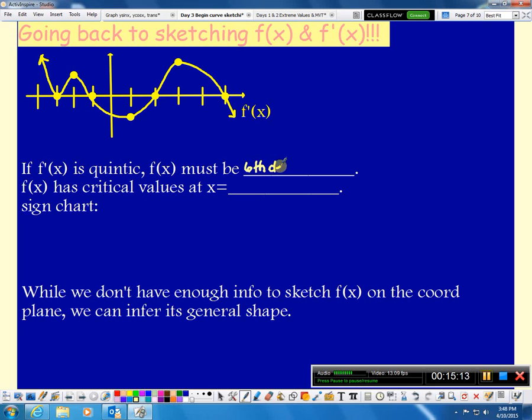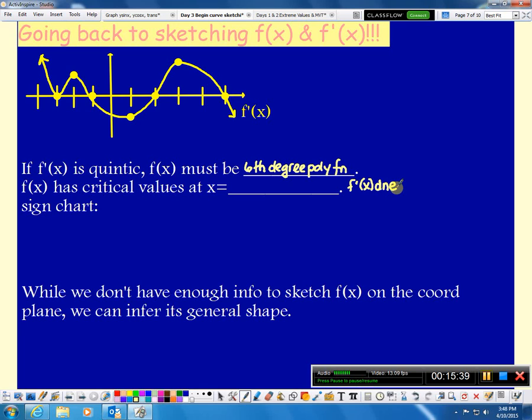Let's think about critical values. f(x) has critical values if f'(x) at any place does not exist. Well, my yellow graph exists everywhere. There's no asymptotes, no jump discontinuities, no holes in the graph, so this is not an issue.